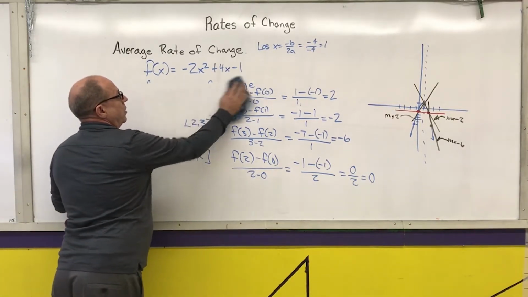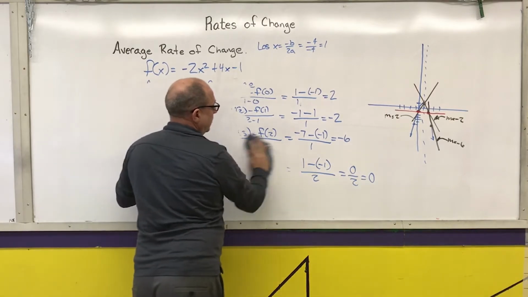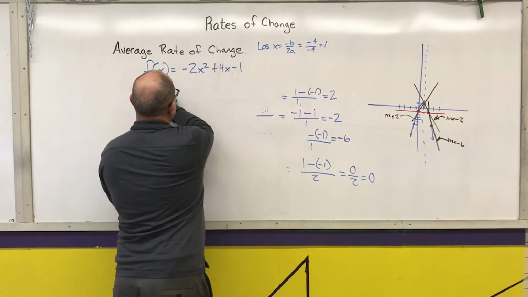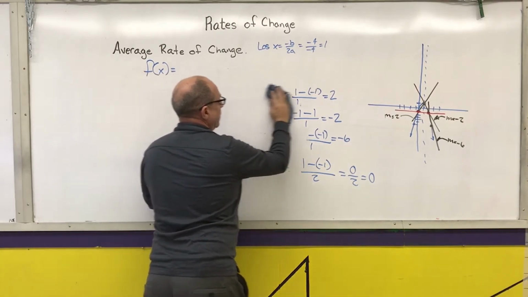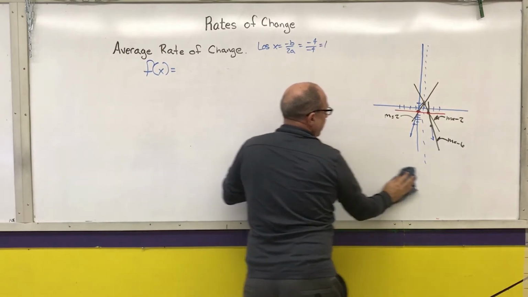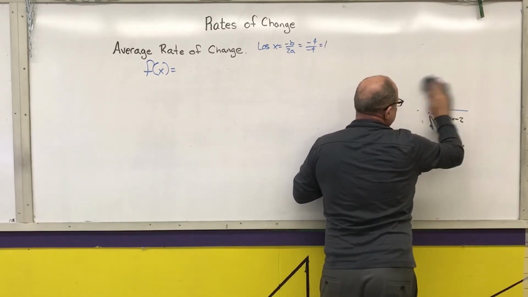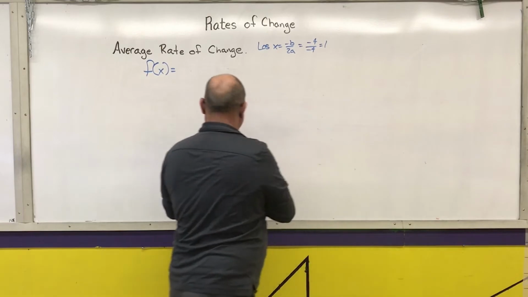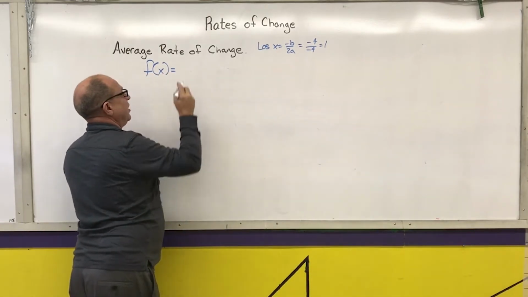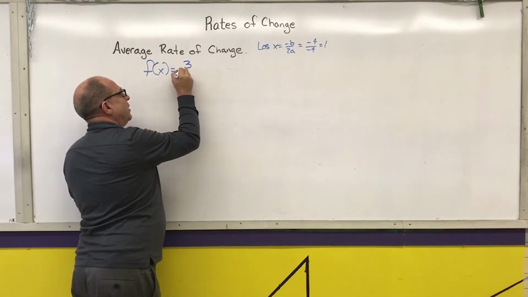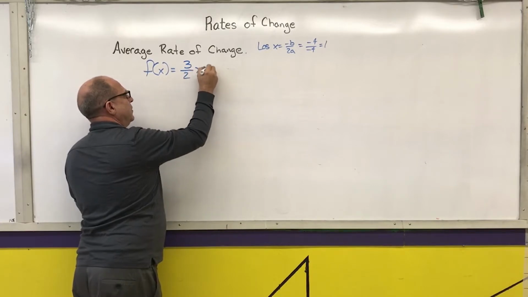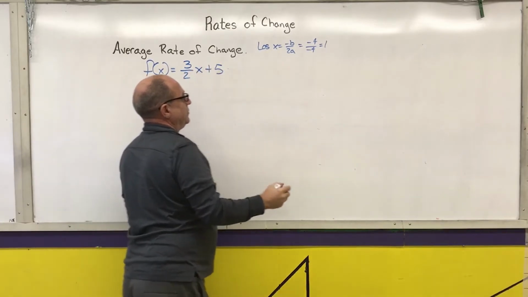Look at one more function that we're going to do average rate of change of, and then we'll do another story problem. The next function I want to find the average rate of change of is f of x equals 3 halves x plus 5.